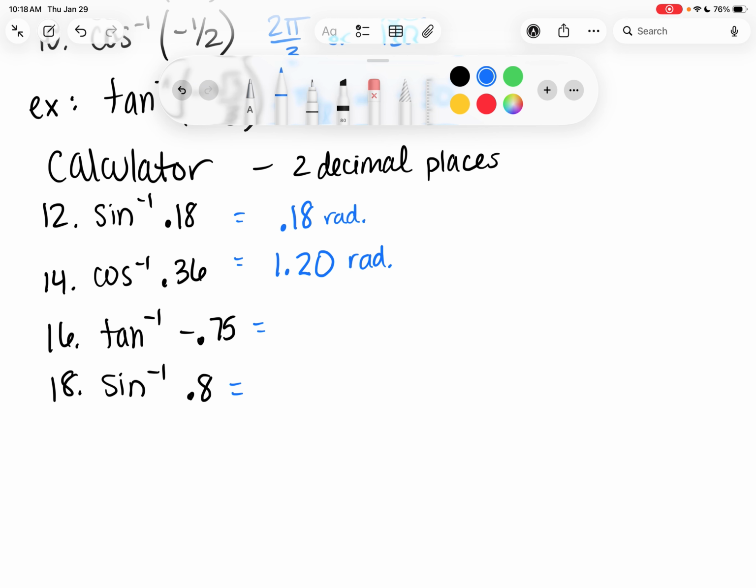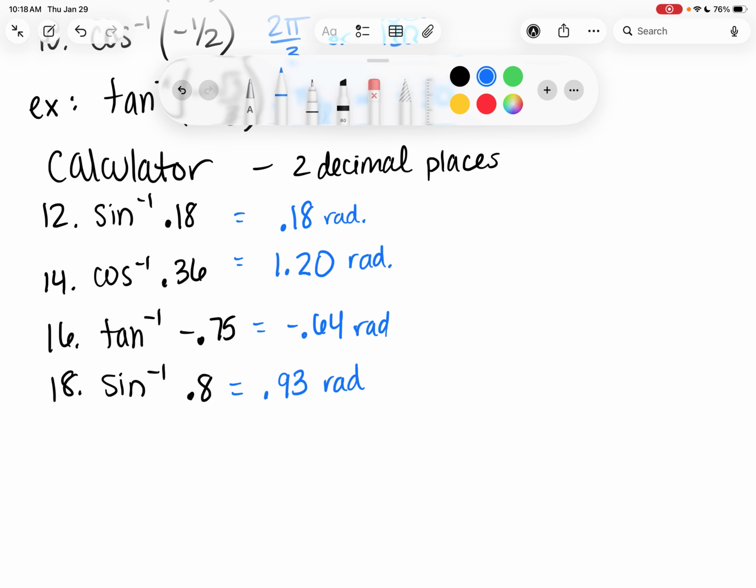Now, on the degree ones, you obviously don't need to write out the word degree. Just put a degree symbol on it, and that's sufficient. So we're going to do all those problems again, but in degree mode. So change the mode over to degrees. And if you want to constantly change your calculator back and forth and just do one problem at a time, you can do that. I'll show you.